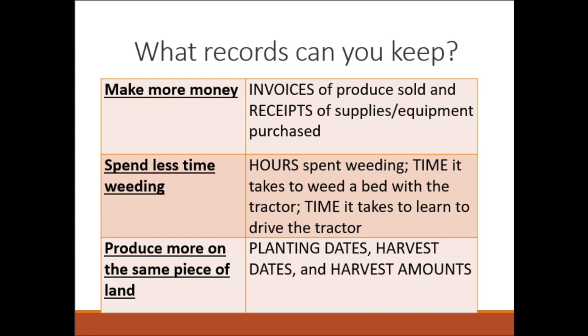If you can spend a couple of minutes and think about 1 or 2 goals that you have, and whether there's any information you need in order to meet those goals or know if you're meeting them, and then try to come up with a record or 2. It can just be one of the same ones up here. That's a really good list of records that you need to keep.